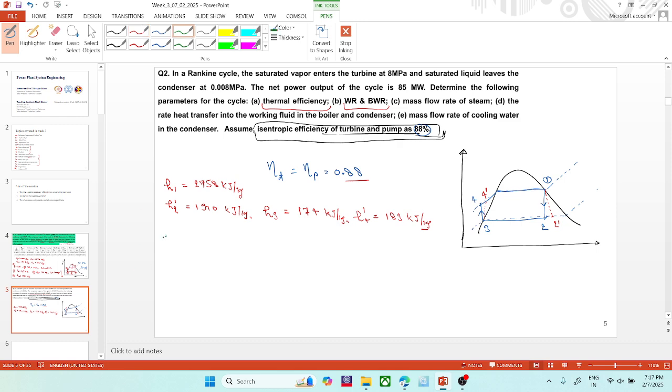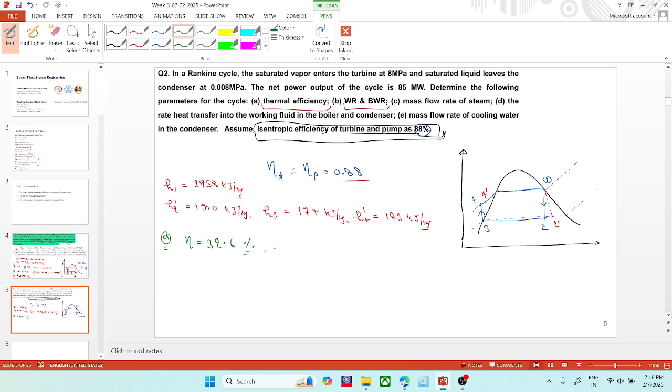So the answer of part A, the efficiency, would be somewhat reduced. It would be 32.6%. Earlier it was 37%, when we hadn't introduced these turbine and pump isentropic efficiencies.